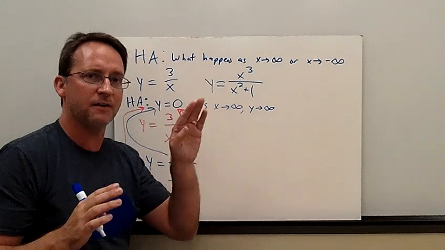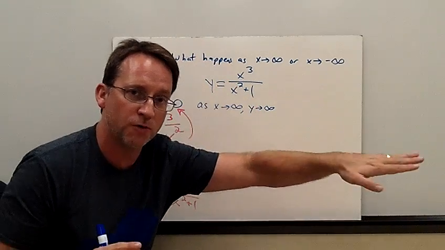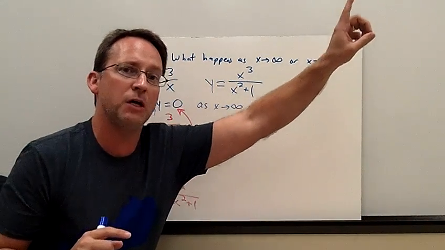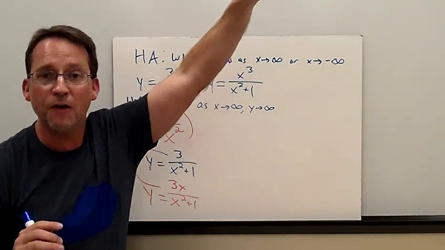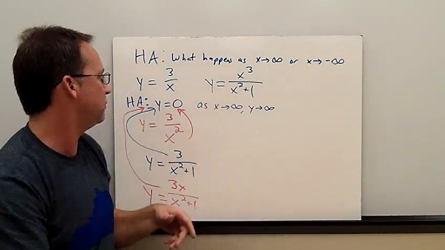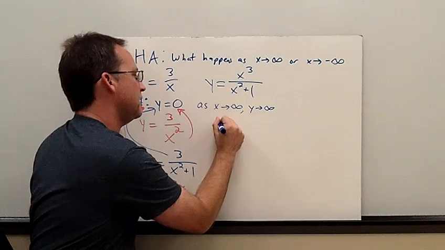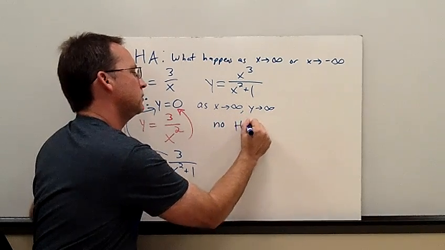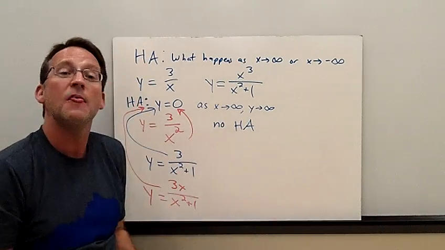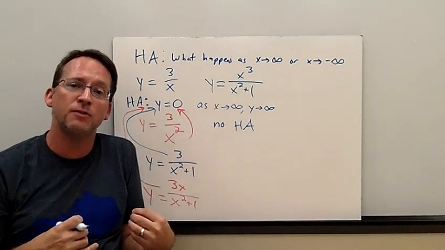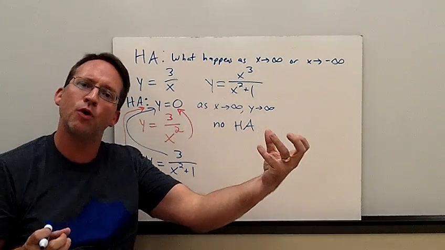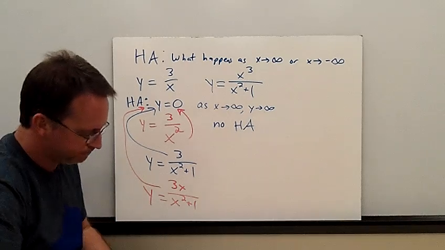So instead of this graph approaching any sort of value, y just keeps getting bigger and bigger, and therefore there is no horizontal asymptote. In this equation, there is no horizontal asymptote, because the top is growing faster than the bottom. There's no y value that we're approaching there, okay?